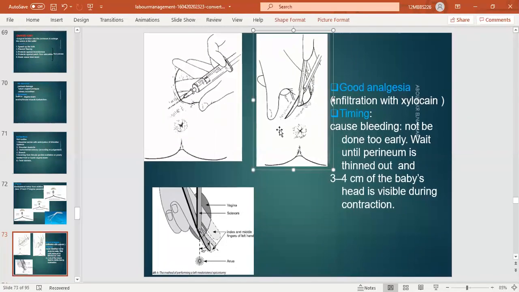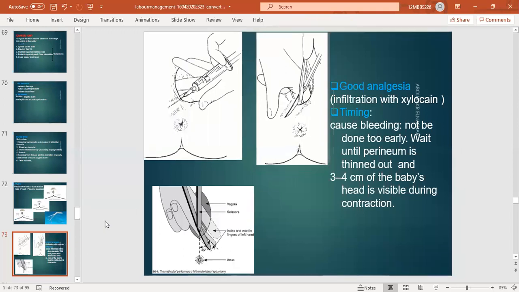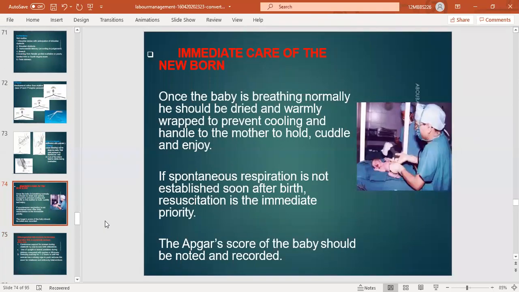And what is a good time? The time is when the baby has just crossed, delivered.